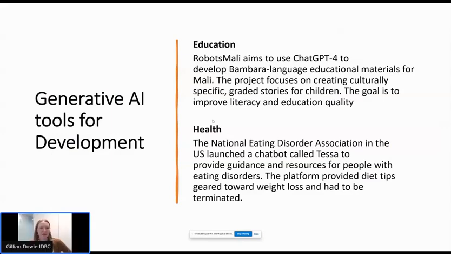Okay. So now what I'm going to do is give a few concrete examples of AI applications used mainly in the context of international development to give a sense of the potential of the technology and the kinds of tools that are emerging.